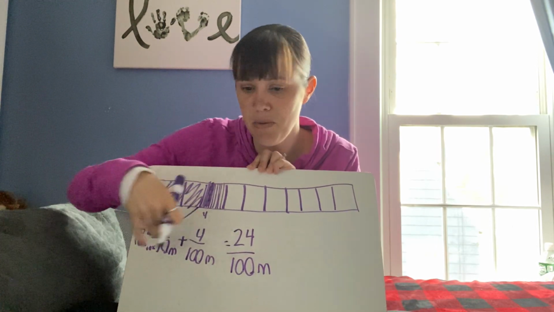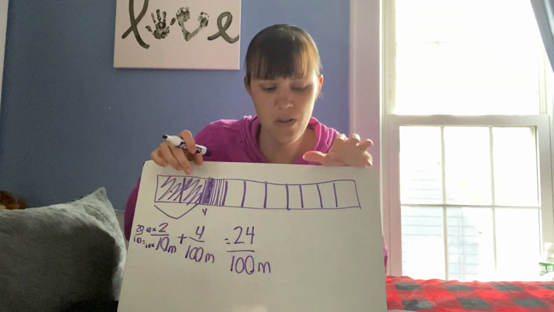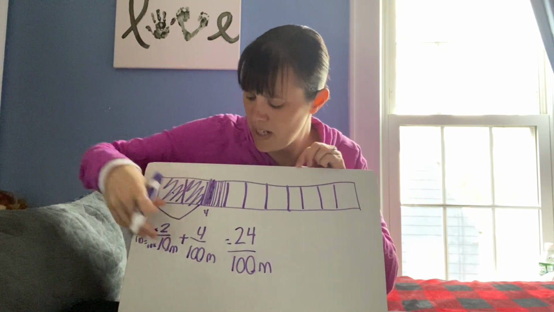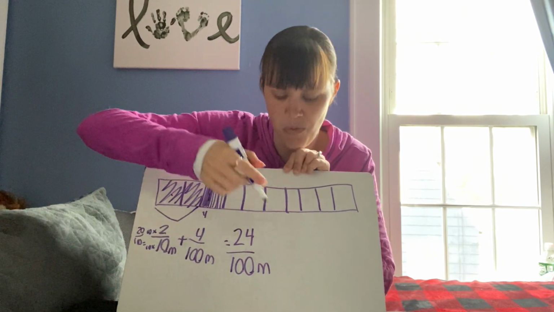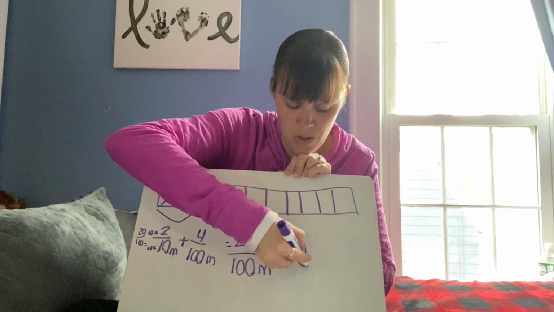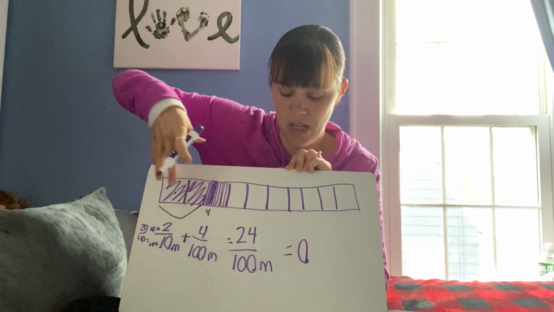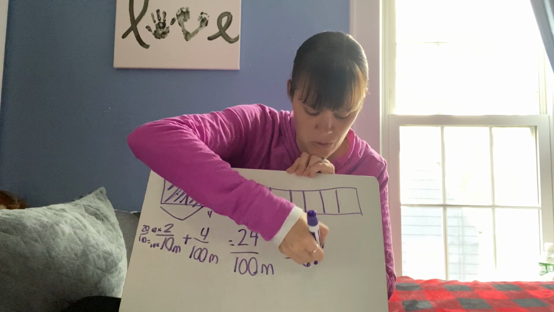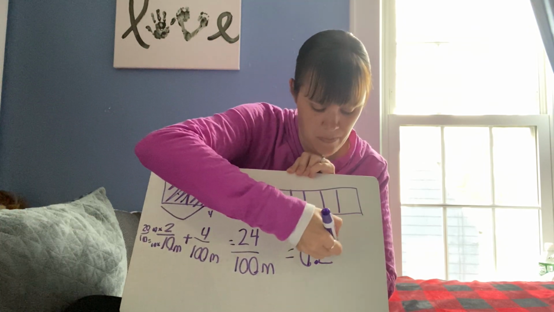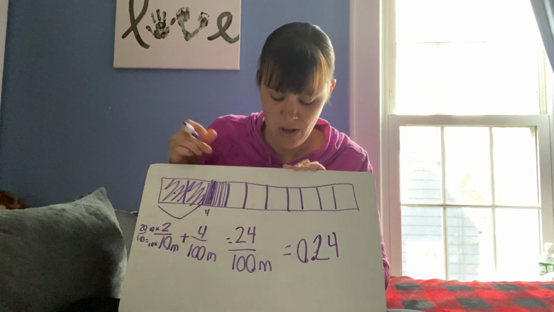This is actually our number bond. They want you to do a number bond separately, but I kind of like showing you this setup. So now we have to write it in decimal form. Well, we don't have a full one shaded in at all, and then we have 2/10 and 4 hundredths.